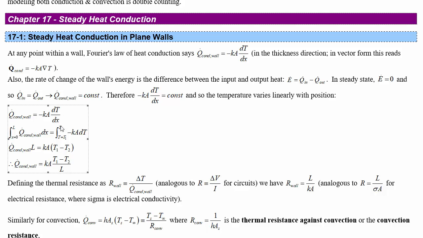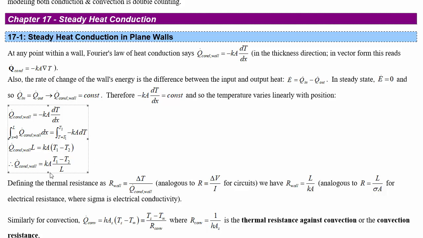And that's what's proved in this example right here. So the rate of heat flow through a wall must be k times A, so thermal conductivity times the cross-sectional area, times the temperature difference across the wall divided by the thickness of the wall, L, the length that we're conducting through.